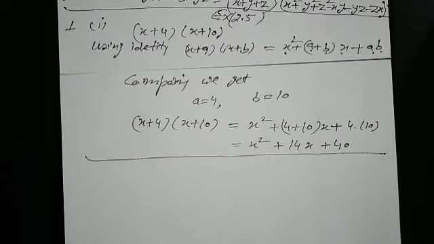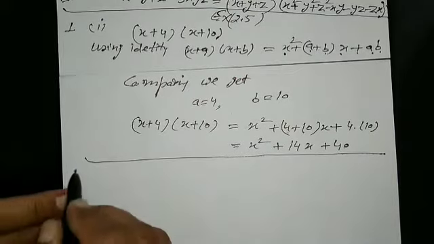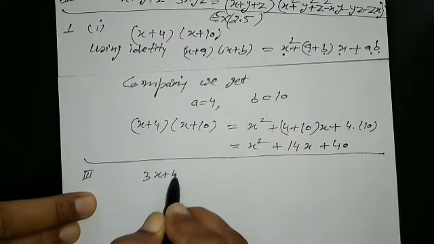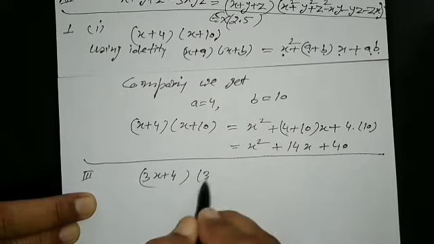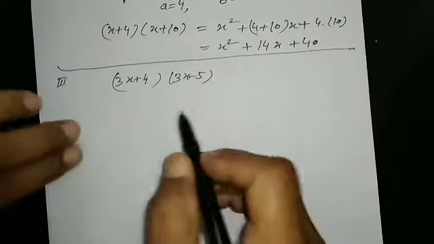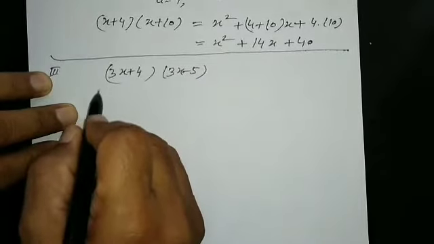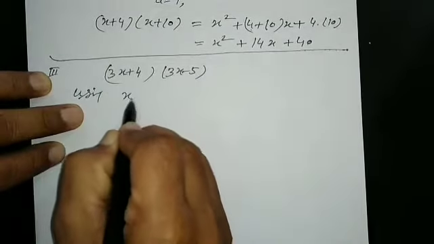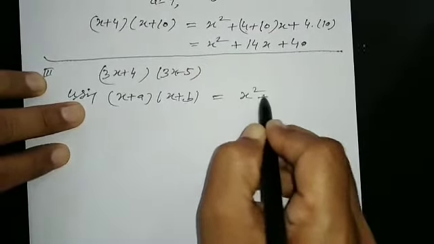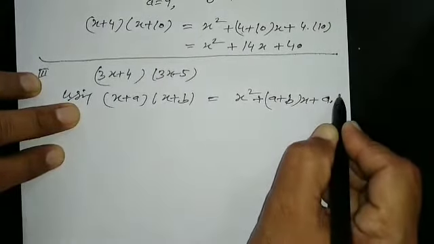Okay. Now you can take another example, another part, that is 3x plus 4 into 3x minus 5. So using that identity again, what is the identity? x plus a, x plus b equal to x square plus a plus b into x plus a into b.